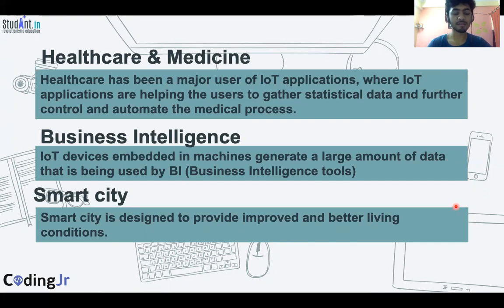Next, smart city. Yes, IoT is very helpful in making a city a smart city. How? Today in the world, some cities are made fully smart cities. IoT can be used in smart cities, for example, you could find whether a parking lot was filled or empty, right?